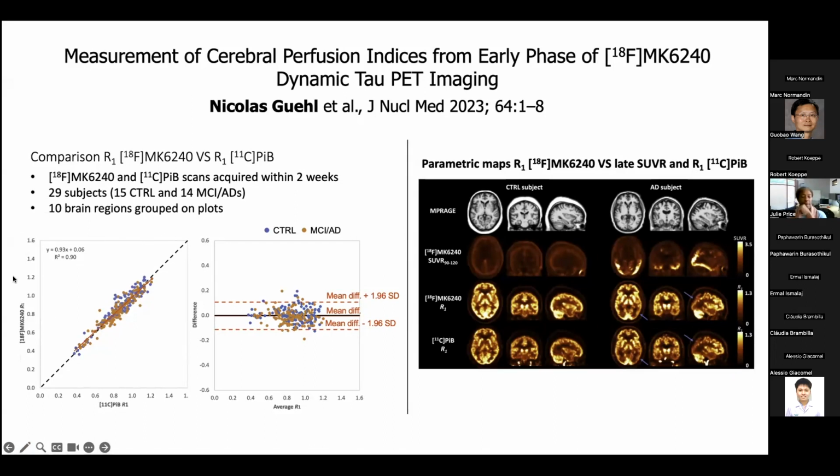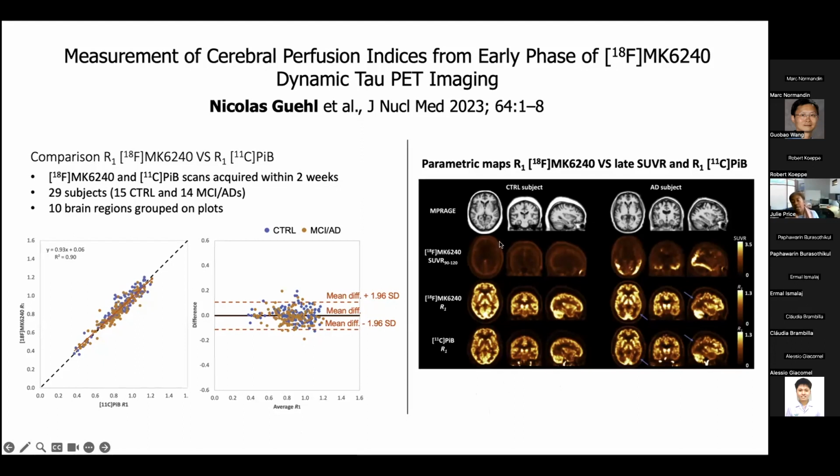This is across regions, but still very highly correlated with low slope bias, and also showed beautiful parametric images of MK R1 and PIB R1 for a control subject, and an AD subject with evidence of lower relative perfusion in areas of high tau uptake for the AD subject.